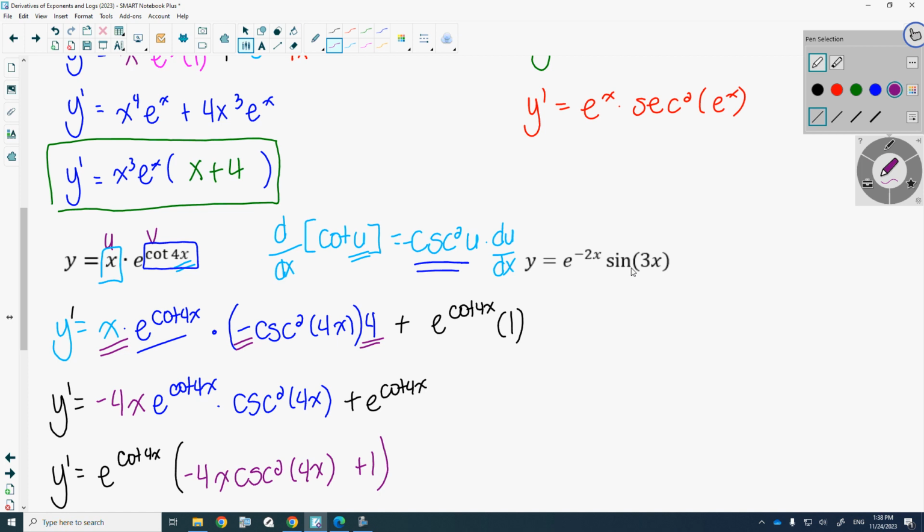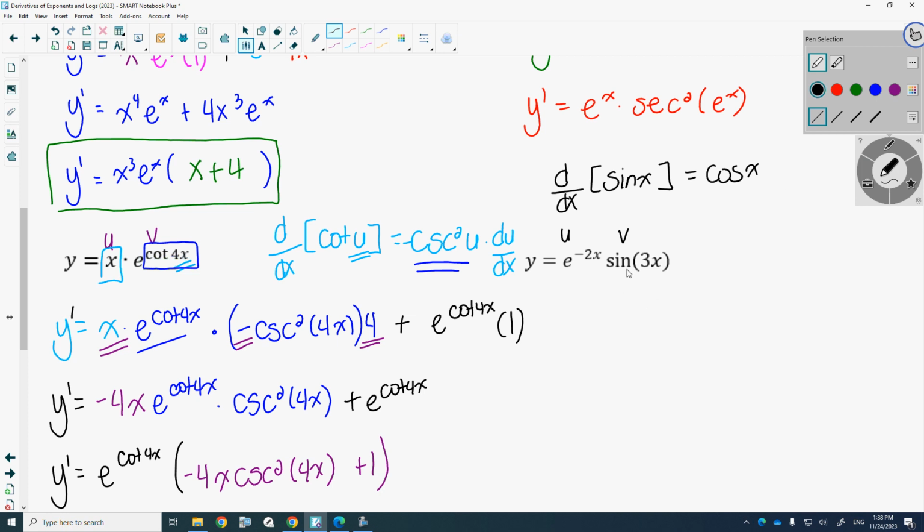Okay, let's look at this example. So again, it's two separate functions being multiplied together, so another product law question. So uv prime plus vu prime. Now differentiating sine of x, the derivative of sine of x is cos of x, and then you'd multiply it by the derivative of the argument.